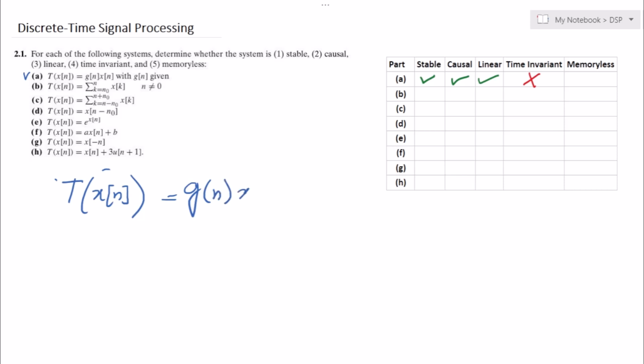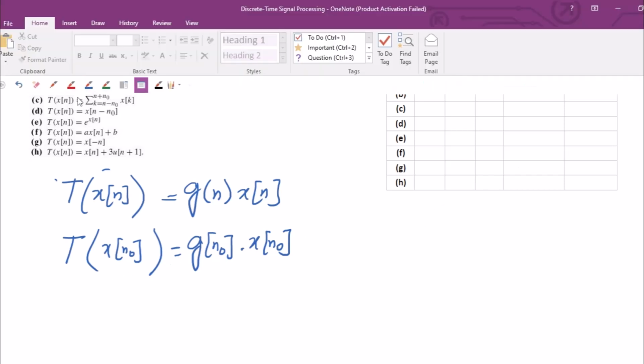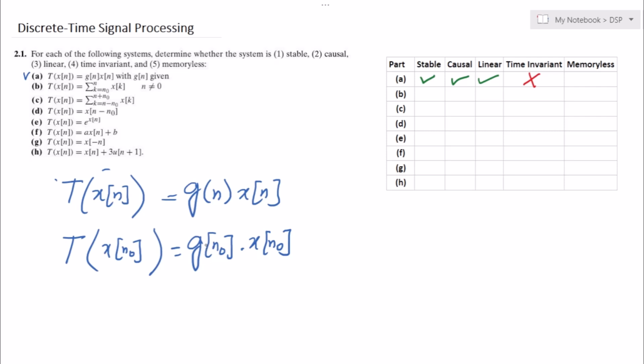Okay, we can see here that if t of x of n naught is applied, the output here would be g of n naught multiplied by x of n naught, and it will not depend upon any previous inputs. Okay, so therefore the system here is memoryless because it is not storing any previous values. Okay, so in this way we have solved part A of our question.